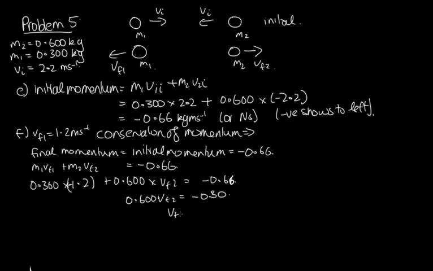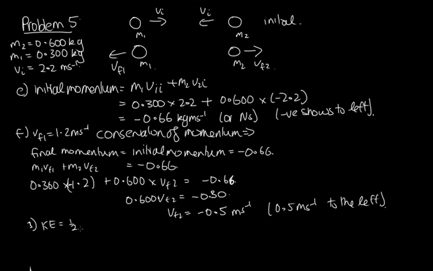And so Vf2 is equal to minus 0.5 meters per second, which is 0.5 meters per second to the left because of that negative sign. And now part G asks us what's the initial kinetic energy.